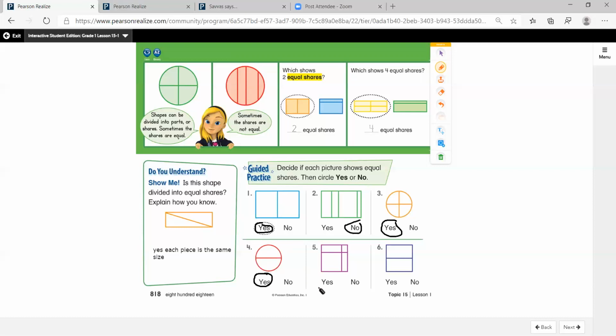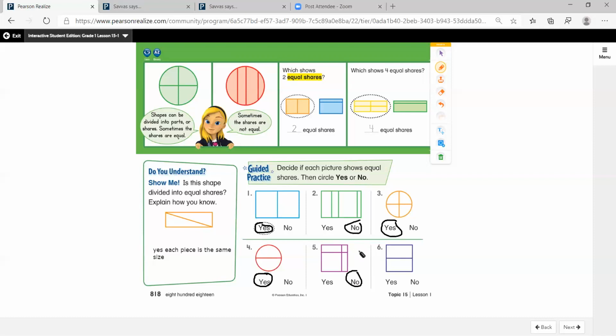What do you think for number 5? I see 4 shares. What do you notice about the size of the shares? Are they equal? No, they come in different sizes. We have a large share here and a tiny share here. They are not equal.